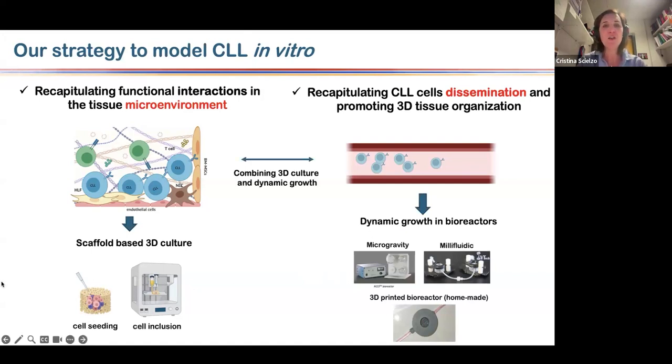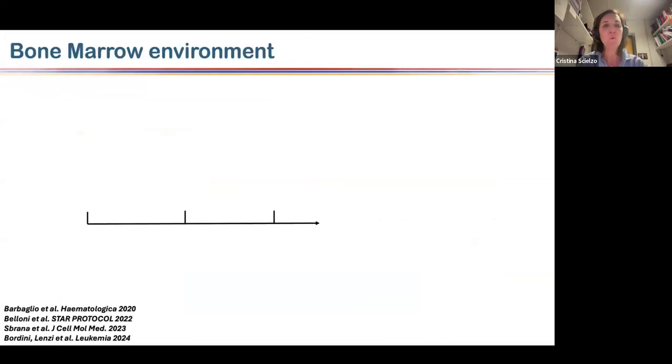By the combination of the scaffold-based technology and the microgravity bioreactor, we already had some successful results. In particular, we started by mimicking a bone marrow microenvironment, starting from a model that was already established for multiple myeloma, another hematological cancer that starts from the bone marrow.